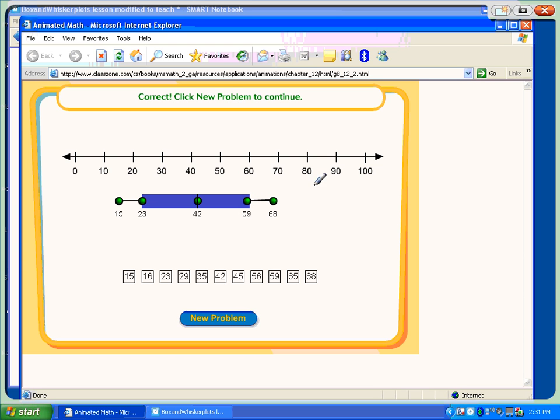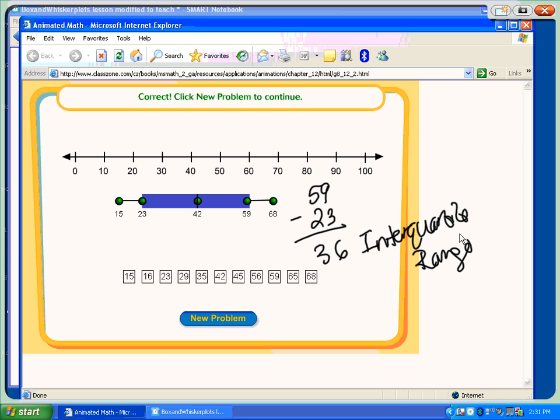So what's the highest number for your box? 59. So what's the lowest of your box? 23. Just take where it starts, where it ends, subtract, and that's your interquartile range. It's the length of the box. This box is 36 spaces. So that's what that means. All right, go for it. 1 through 5.